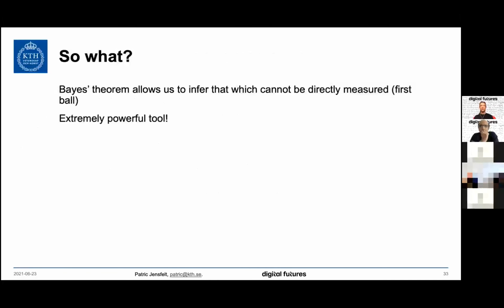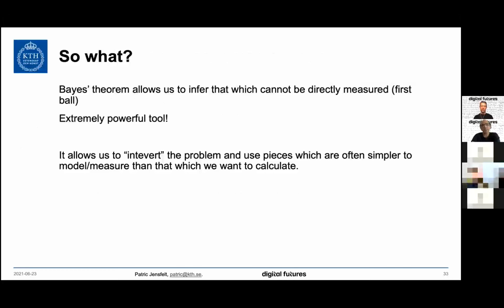And then you might ask yourself, so what? Well, Bayes' theorem allows us to say something about something that can't be directly measured. In this case, it's the first ball. And this is a very powerful tool. It allows us to invert the problem, and we can use other pieces of information, which is maybe simpler to measure, to say something about that first cause.